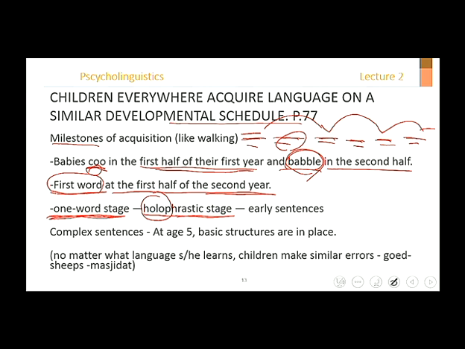So the child is not going to say things like daddy worked; the child might say daddy work instead of worked. So in the early sentences, there is no morphological inflection, no s, no ed at the very beginning. Then sentences start to emerge step by step. And then around the age of 5, we start to have complex sentences.